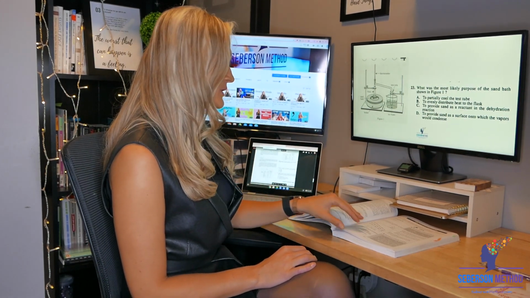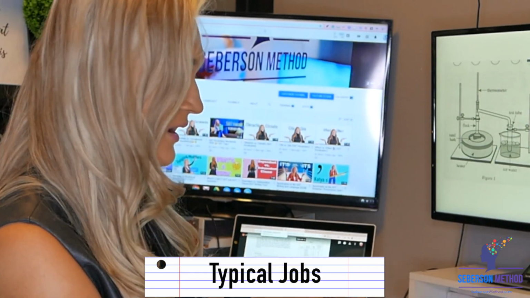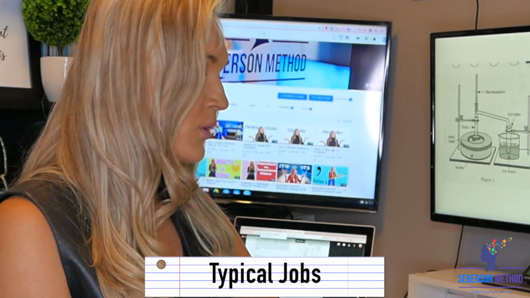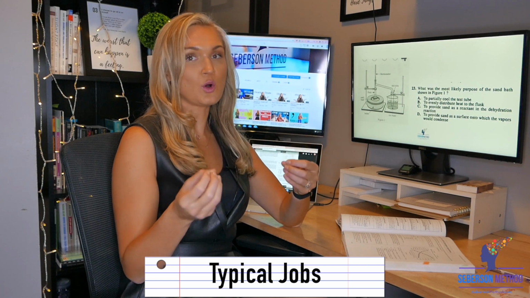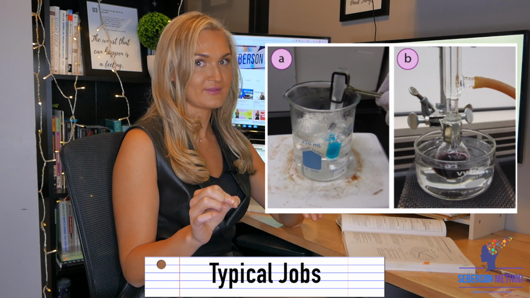Now, I want you to always know some of the typical jobs of some of the tools in the experiments. For example, what is a job of an H2O bath? Not an ice bath, but an H2O bath.